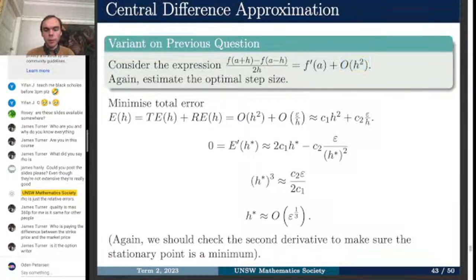And if we just run through the same process here of differentiating the approximation, setting the derivative to 0, checking the stationary point is actually a minimum, and solving for h, we get the optimal step size on the order of the cubic root of the machine epsilon. Yeah, so I guess that's how to do these sorts of questions.